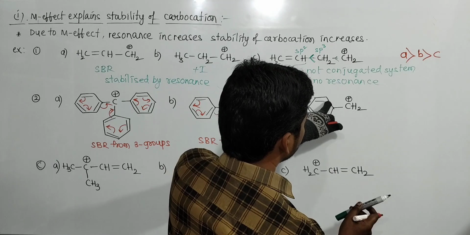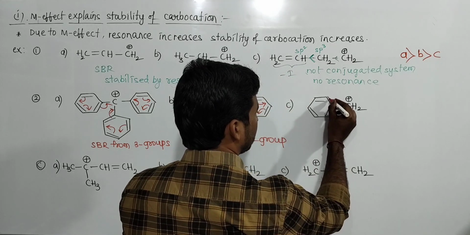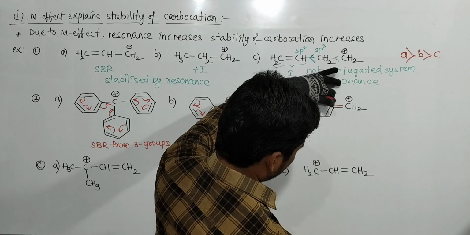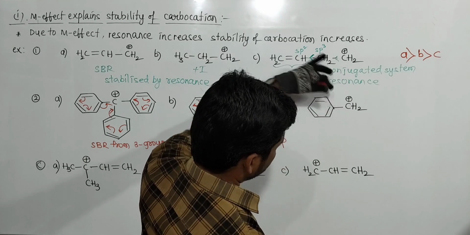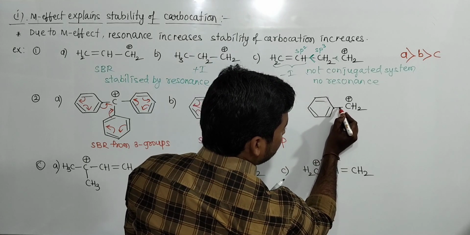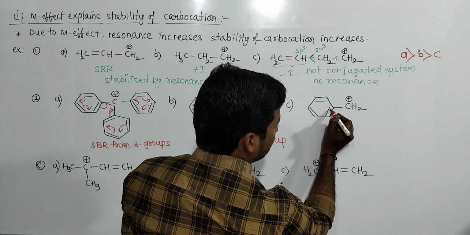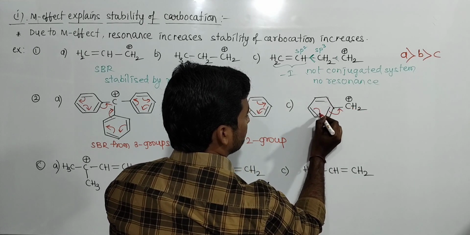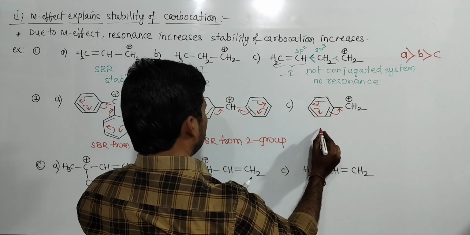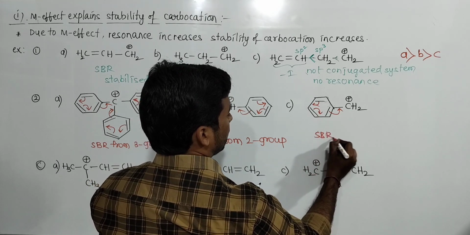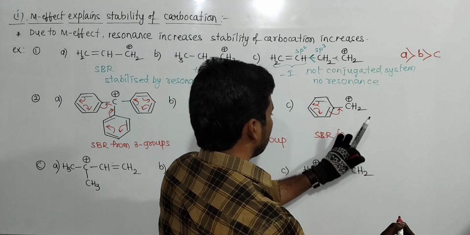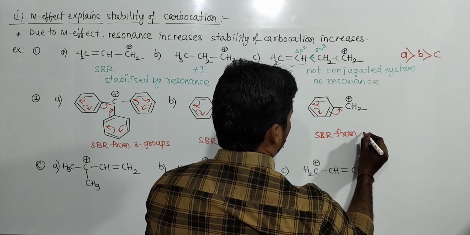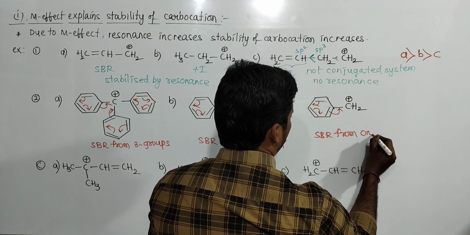For this, the single positive is not a conjugated system. Single positive, double bond, single bond, positive. This is conjugation. This pi bond is in conjugation, but not this one. So like this, stabilized by resonance from only one group.